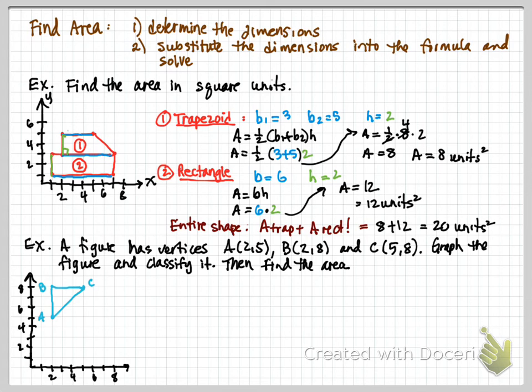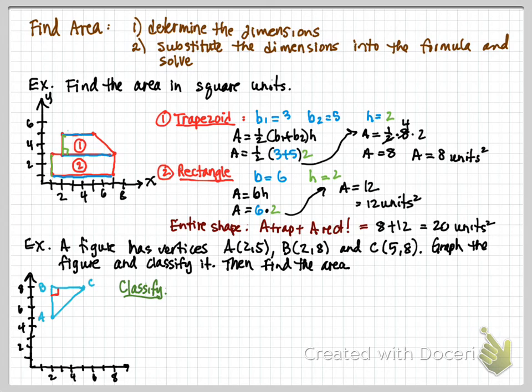Okay? So, let's talk about the classify part. Now, we can be simpletons, and that means give out just the basic information, or it could be as specific as possible. So, first off, I know it's a triangle, but let's see if I can figure out what kind of triangle. Well, when I look at the angle, I know that's a right angle, so I know it's a right triangle.